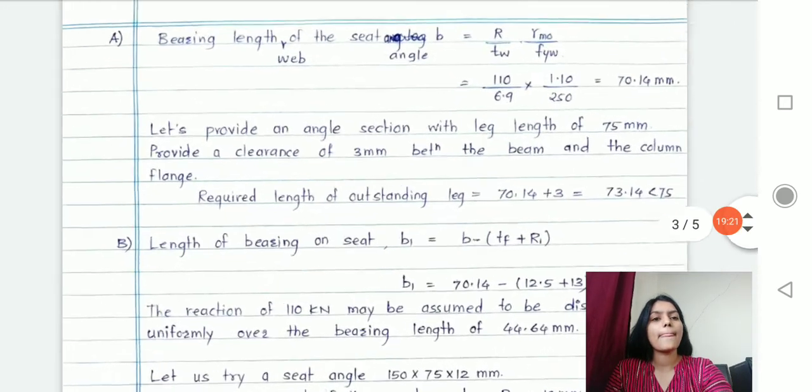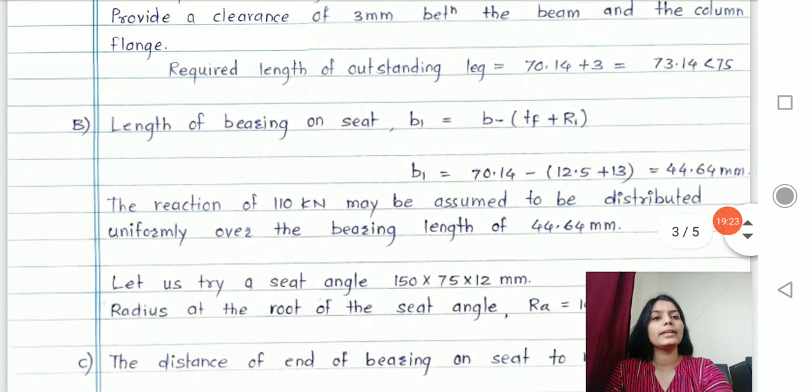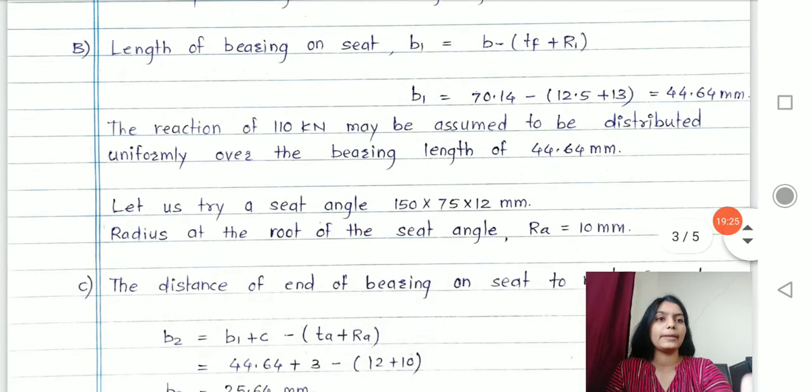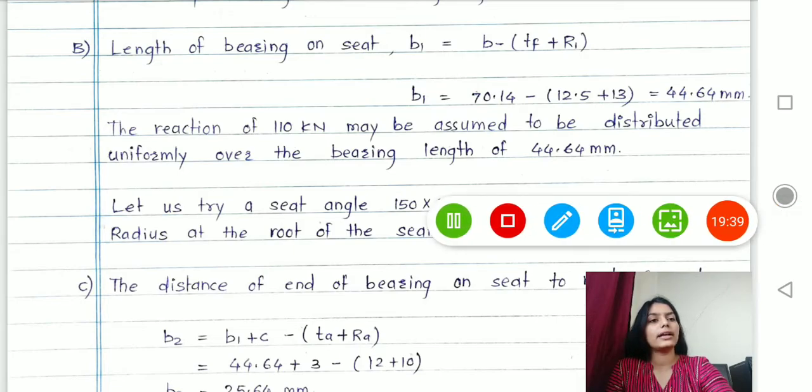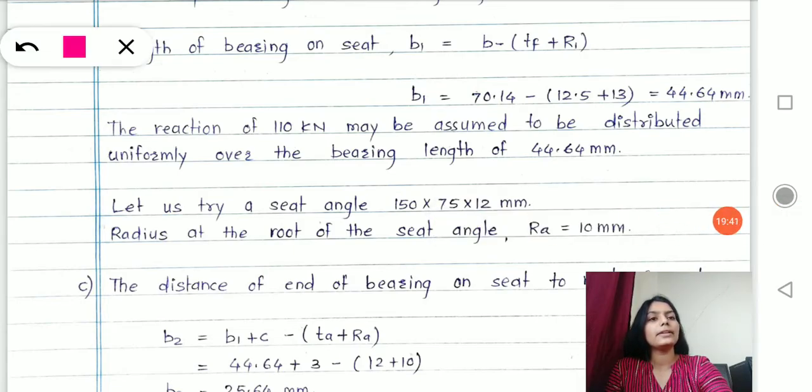Now next is the length of bearing on seat. B1 and B2 are yet to be calculated, and we have to solve that for further reference. See here, length of bearing on seat. The B1 formula we know. I have already explained how we derived that. Put the value of b, which we already calculated, 70.14.